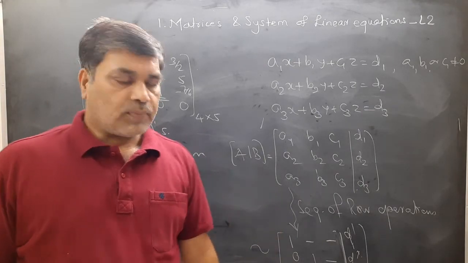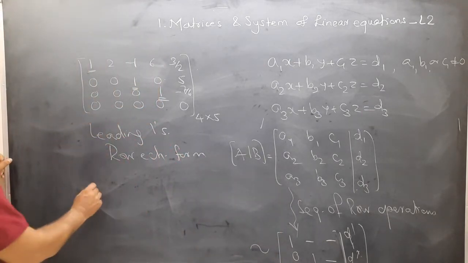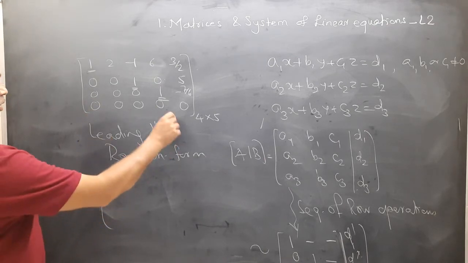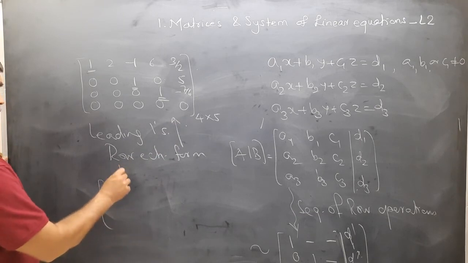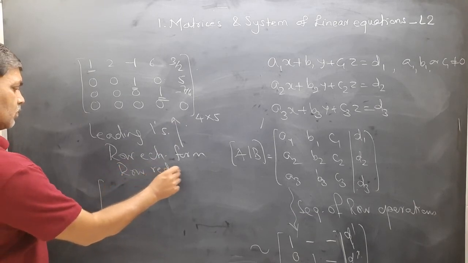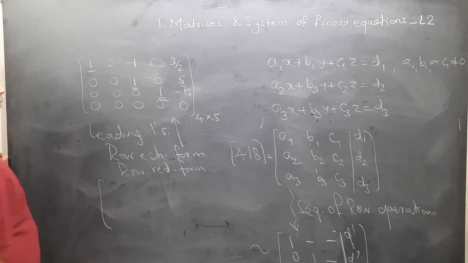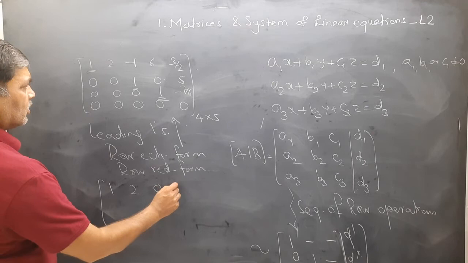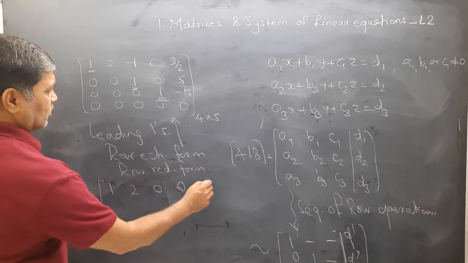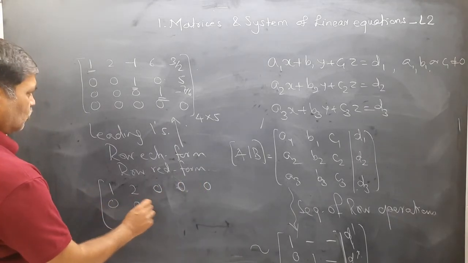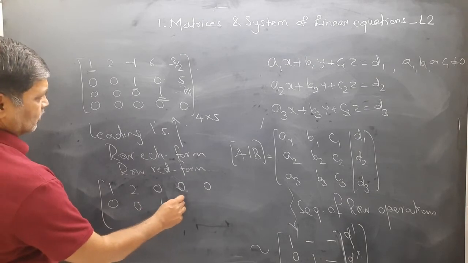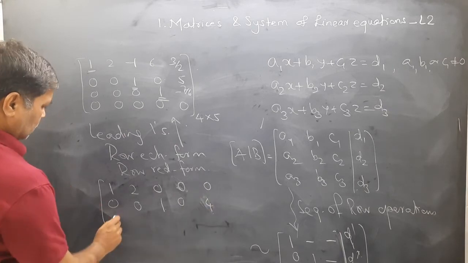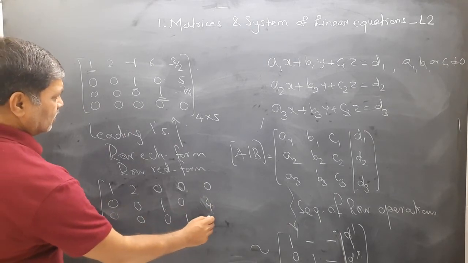Now in addition to that, we have the row reduced echelon form. This is your row echelon form, and now the row reduced echelon form. Take the matrix 1, 2, 0, then 0, 0, 0, 0, 1, 0, 0, then 4, 0, 0, 0, 1.